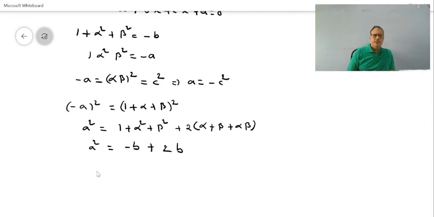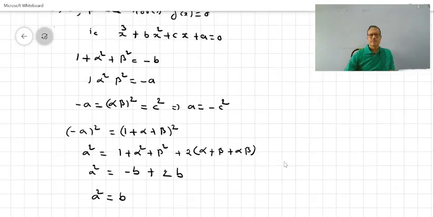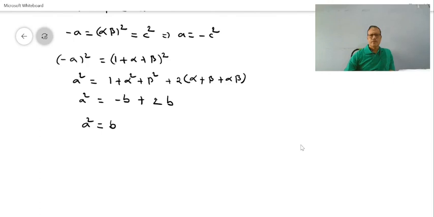Now a square is equal to 2b minus b, that is b. So a square is equal to b. Right? Since f of 1 is equal to 0, this is given.